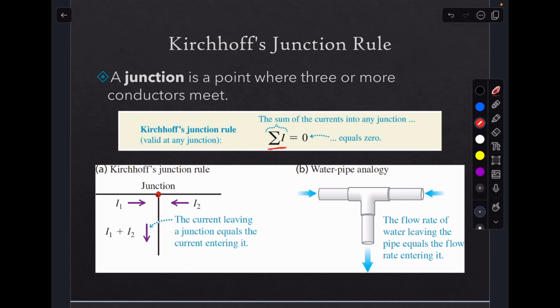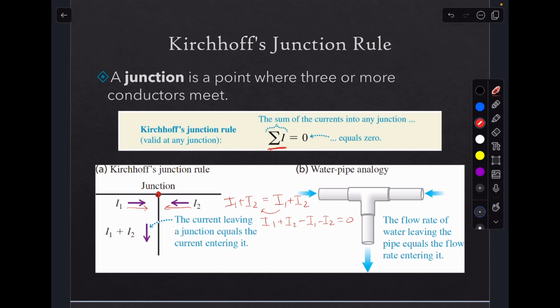So if I have current coming from the left into the junction, and current coming from the right into that junction, all my ins should equal all of my outs. So if you move everything over, all my ins and all my outs add together to equal 0.